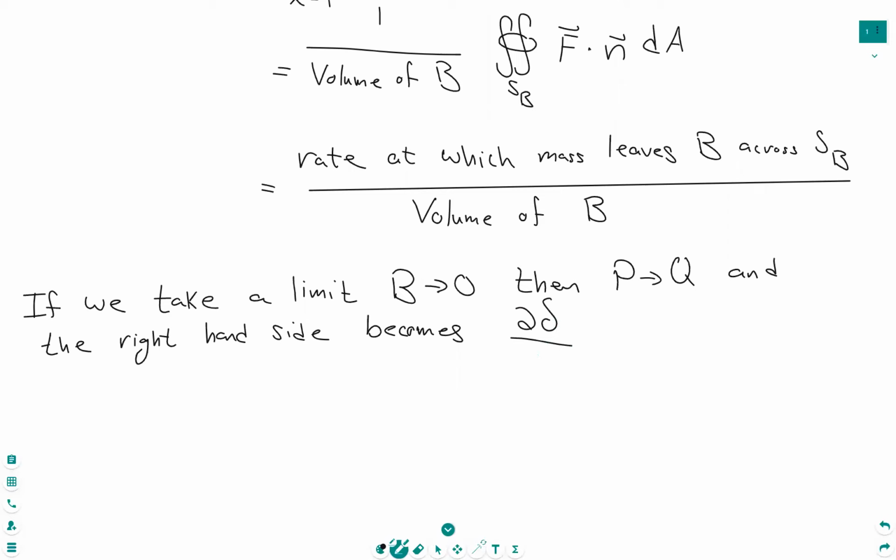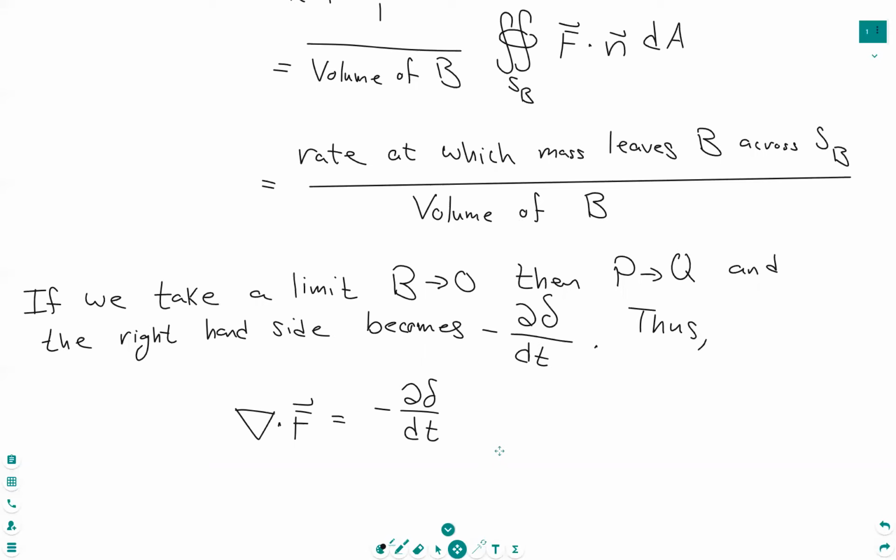How much is leaving the sphere at a single point, which we can characterize as a rate of this density. It's how much is leaving, so it becomes a negative. Thus, we have the divergence of F is equal to negative the change in density.